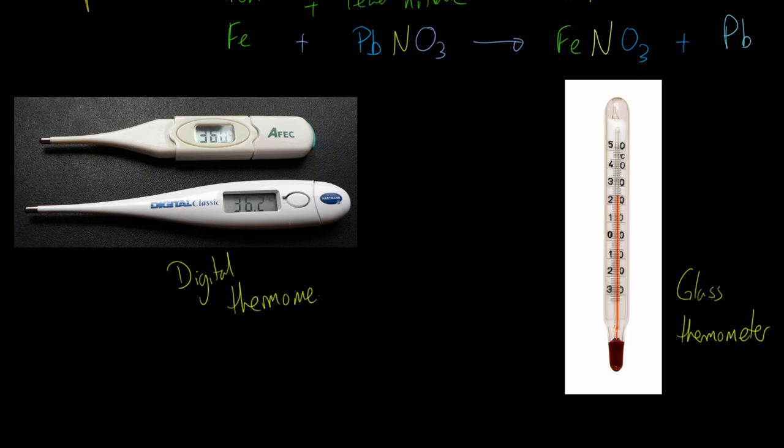You may be asked to choose and then justify your decision on why you've picked the one that you picked. And that's fairly straightforward, because this is a question to do with resolution, or the smallest change you can accurately measure.